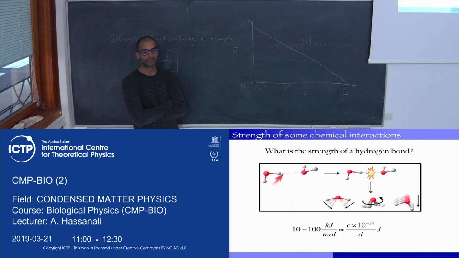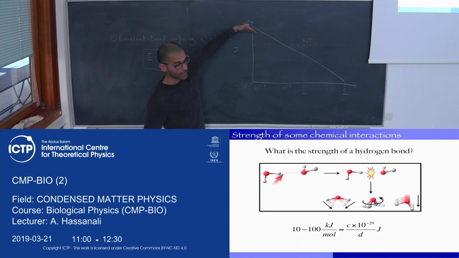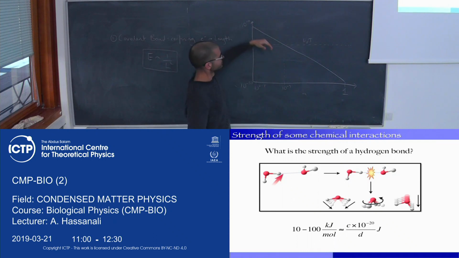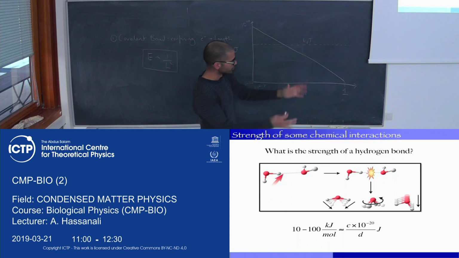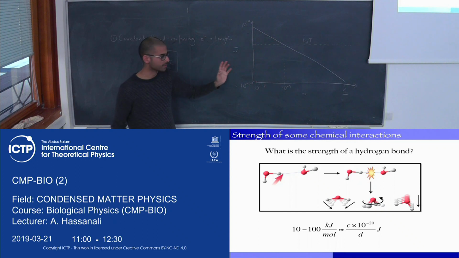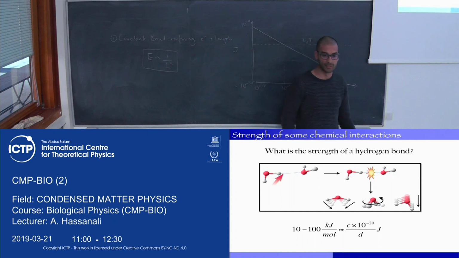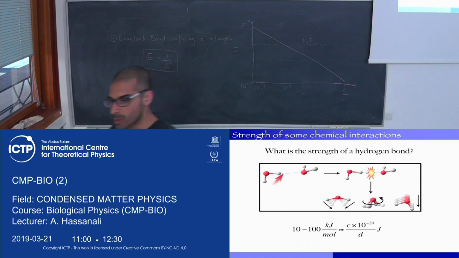Okay? So this is our first data point. Thermal energy, independent of length, and binding energy, or the energy required to confine the electron to a specific space, which we're using as a proxy for creating a covalent bond. And where we're going to go with this is the following. So this is one length scale dependence as a function of energy. We're going to do a similar thing for the elastic energy. So I can ask, what is the energy required to bend or stretch a rod of a particular length?